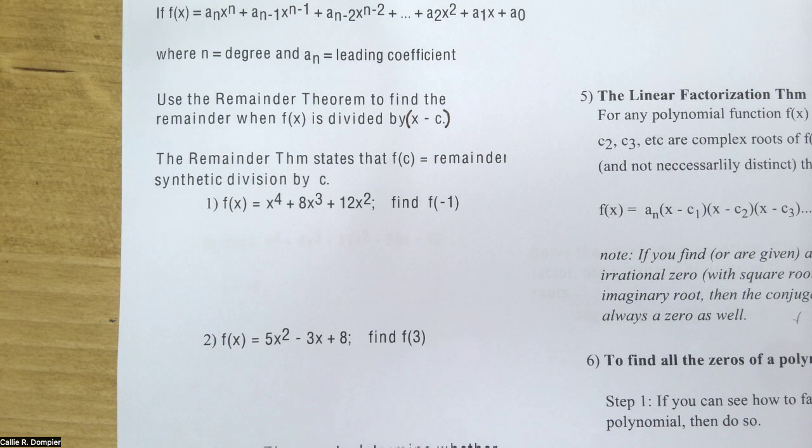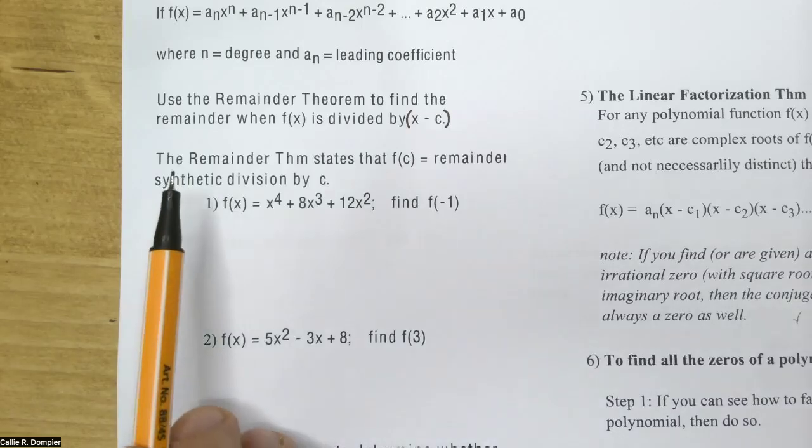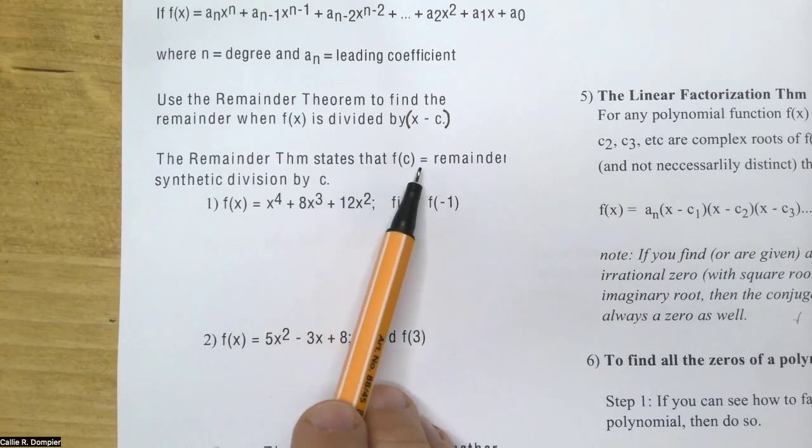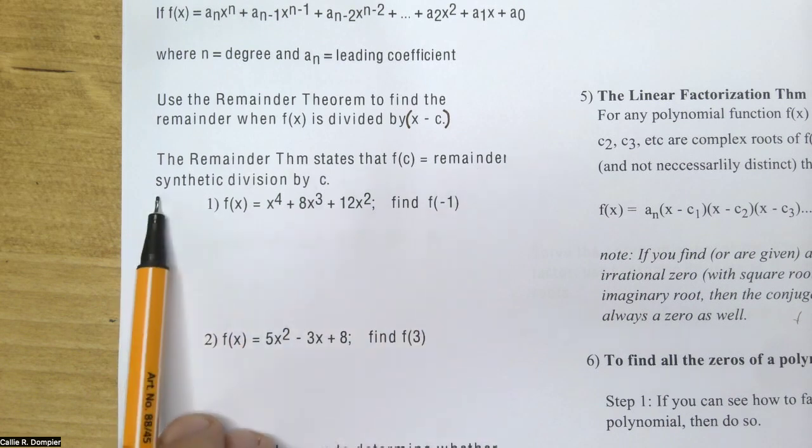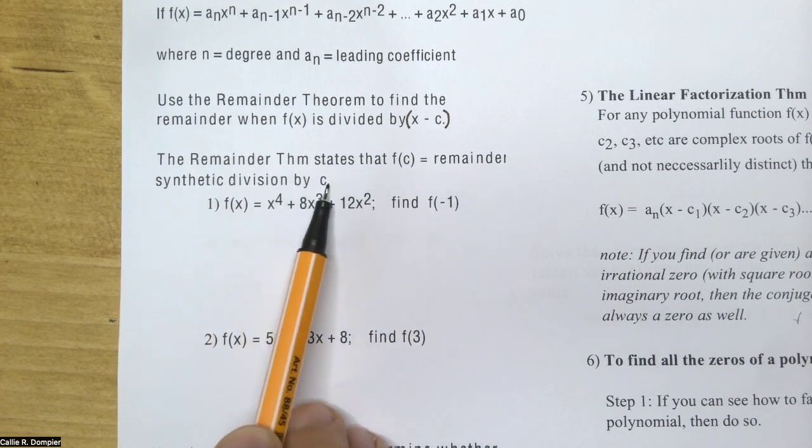Okay, those are kind of interchangeable, and we'll practice switching back and forth between them. Okay, so this says use the remainder theorem to find the remainder when f of x is divided by x minus c. The remainder theorem states that f of c is equal to the remainder of synthetic division by c.